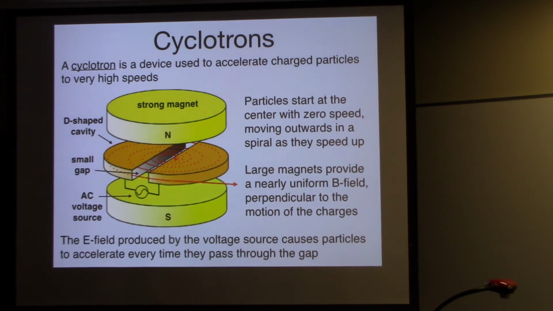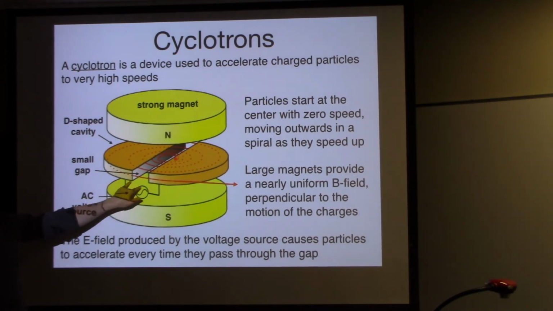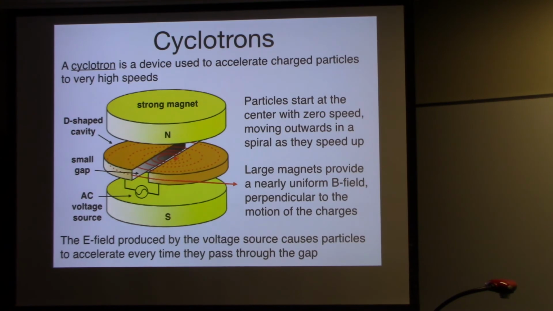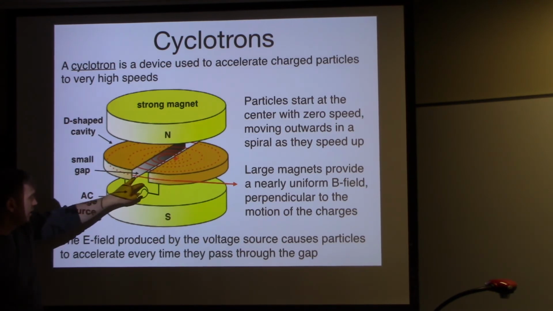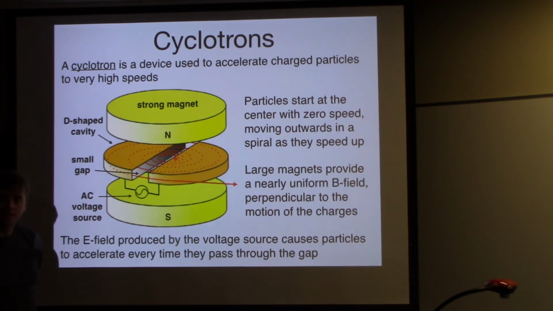Now what is going on in the gap? Because this is important. What we have is an AC voltage source. And basically what this AC voltage source does is it creates a strong electric field inside of the gap. So here's what's going on.